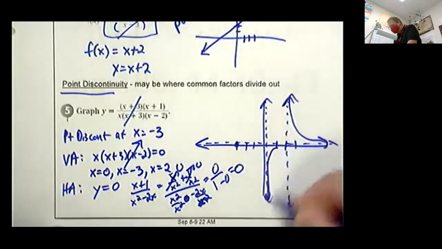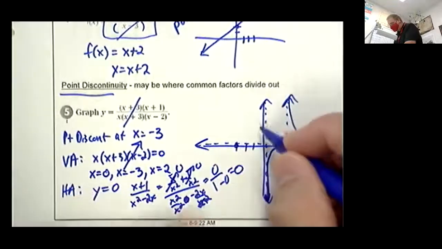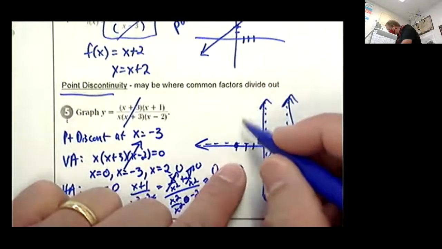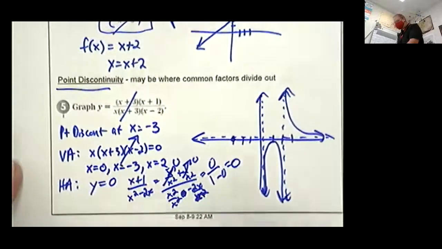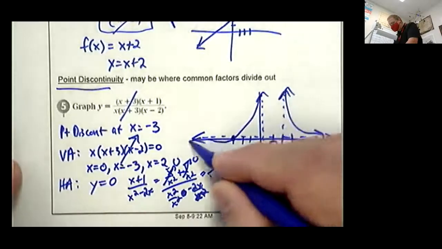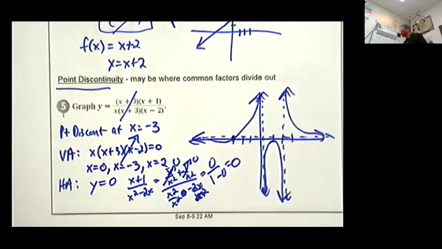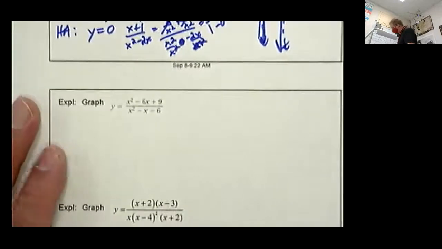So this has to be something like this. And then for the point discontinuity, this is actually going to cross the axis and then come back, which is kind of weird. But remember, a graph can cross a horizontal asymptote and then come back, which is what happens there. All right, let's look at the graph.